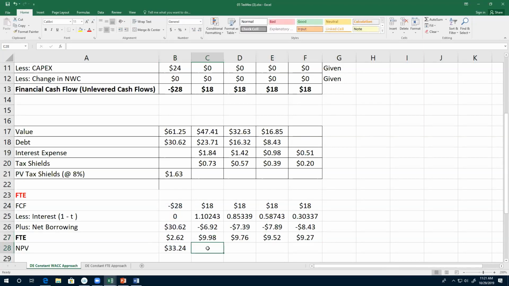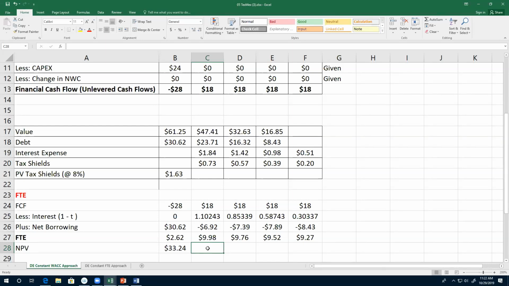This is actually interesting because the flow to equity approach is suggesting that in the beginning, when this project is going to be launched, notice what's happening. The capital expenditure required, or the initial investment required in the beginning for this project, is $28. Let's think of it in dollar terms. It's $28, right?